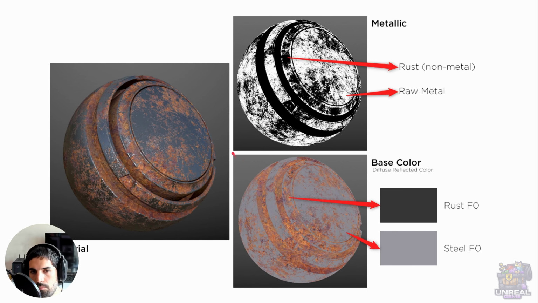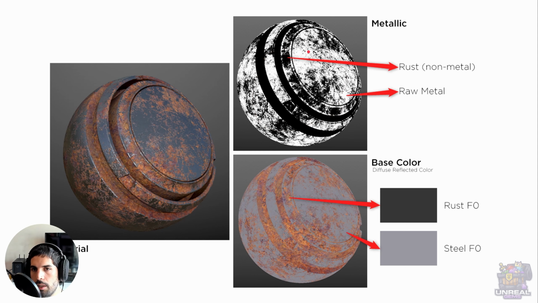There is a small caveat here, a special case in which you can have in an object places that are, for example, rusted or painted, which are not metal, and you have non-rusted parts which are metal. So you have metal and non-metal. That's why you need, for example, a texture that will say what parts are rusted, like the black parts.